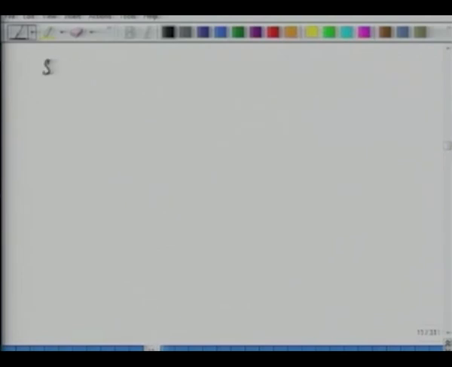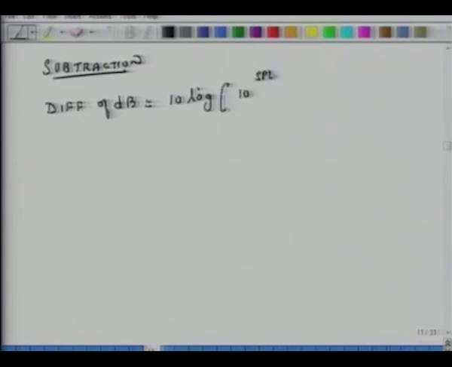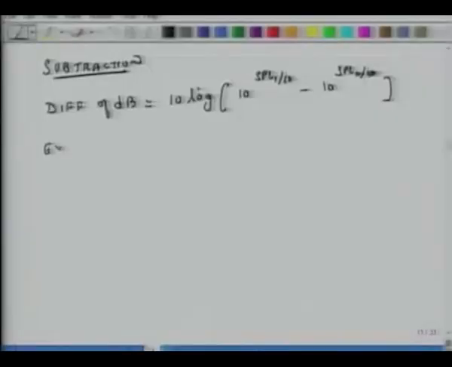Similarly, if I have to do subtraction, then the difference of two decibel levels is 10 times the logarithm of 10 to the power of SPL1 over 10 minus 10 to the power of SPL2 over 10. So we'll do another example.